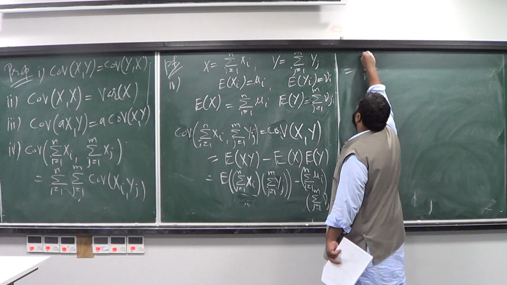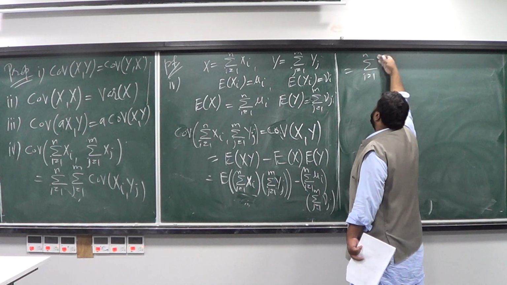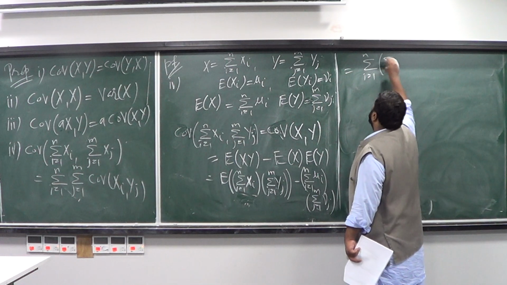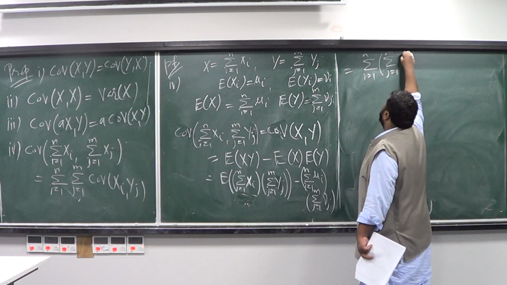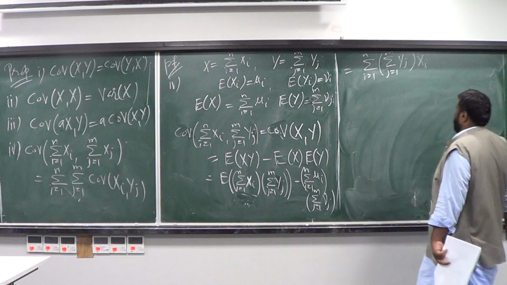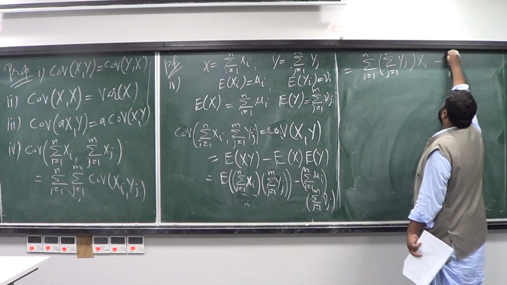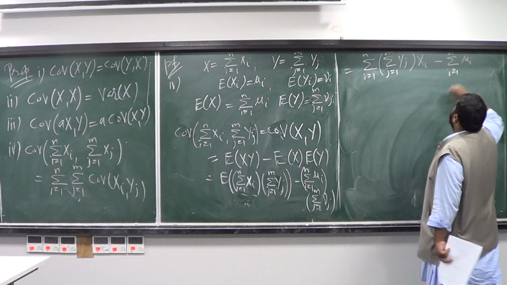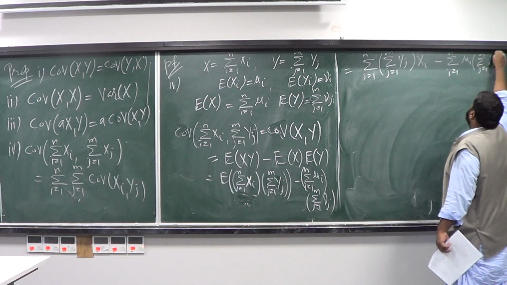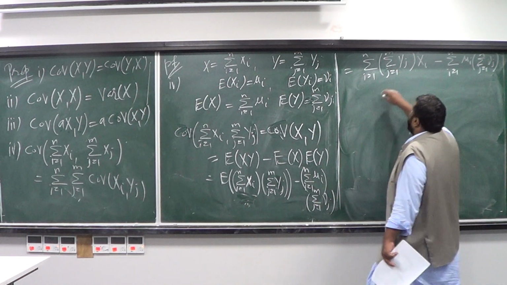So this is going to give me the sum from i equal to 1 to n, multiplied by the sum from j that goes from 1 to m of Yj times Xi, minus, you can do the same here, the sum from 1 to n of mu i multiplied by the sum from j equal to 1 to m of mu j. Now this Xi can be multiplied with each mu j.